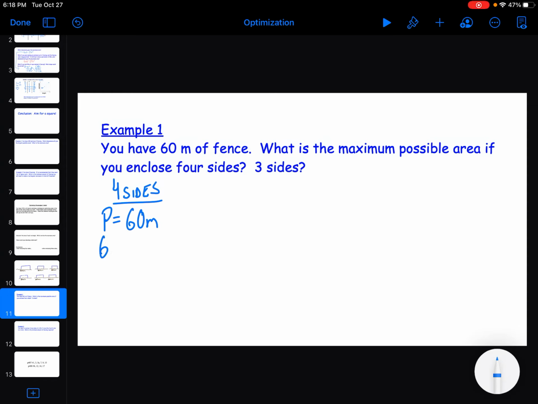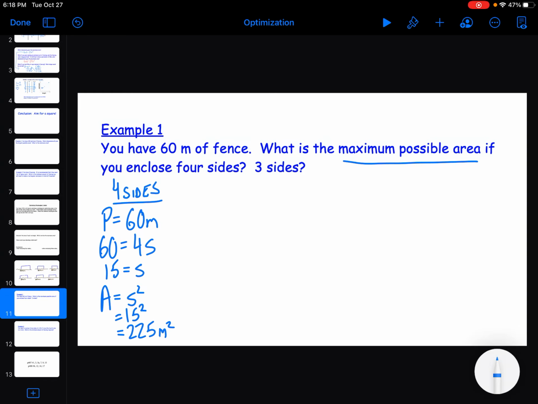Well, that means that 60 is equal to 4 times s, and then s is equal to 15. Well, it's asking us what the maximum area is, so we have to then say area is s squared, which is 15 squared, which is 225, and that's meters squared.